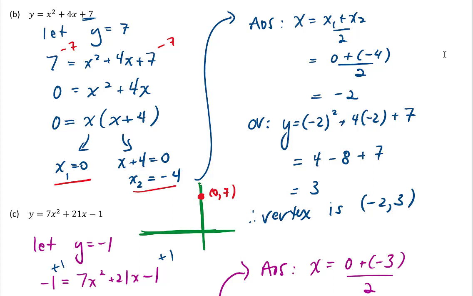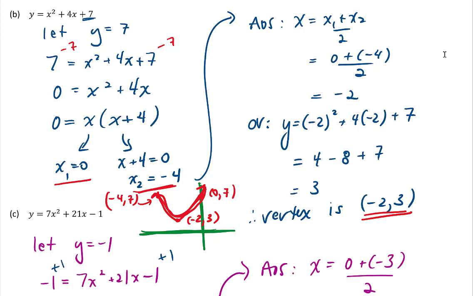The second point we have is negative 4 and 7. That would be this point here. And then we have our vertex, negative 2 and 3. And notice, when we sketch this parabola, we have a parabola that opens up, which relates to our a value, which is positive.